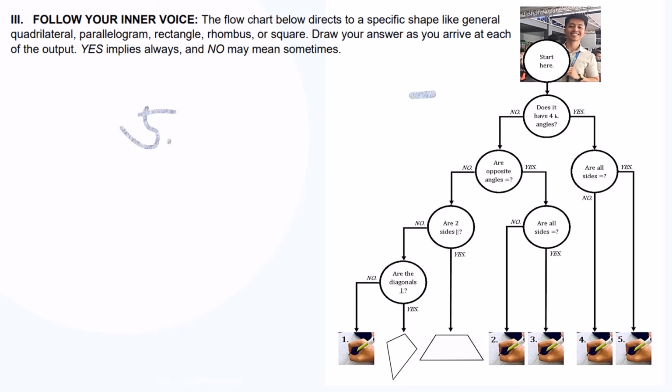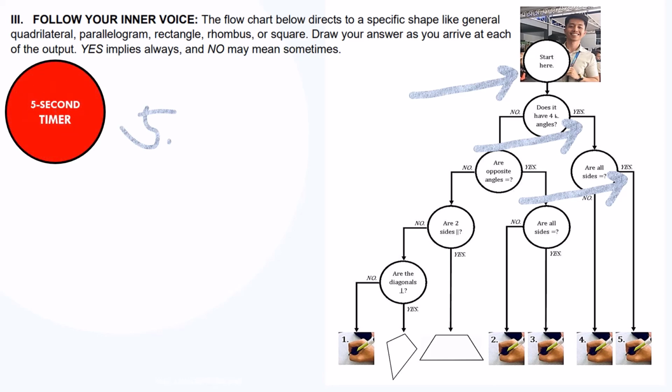Start here. Does it have 4 right angles? If it is yes, are all sides equal? And if it is yes, the figure is, your timer starts now. And the correct answer is square.